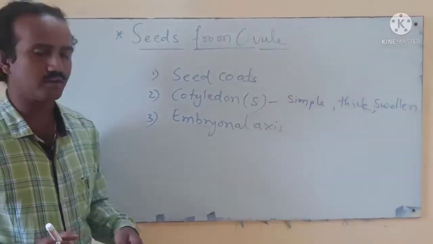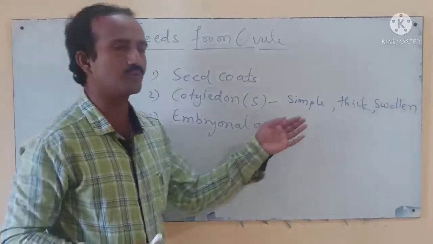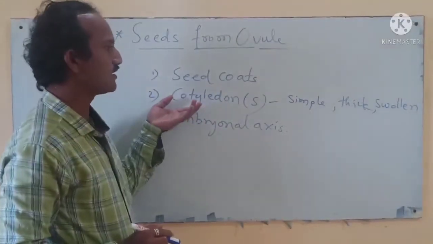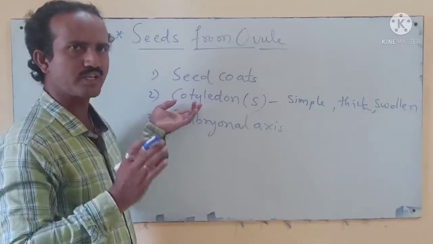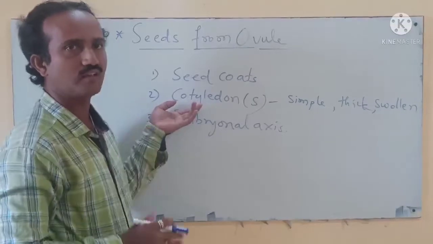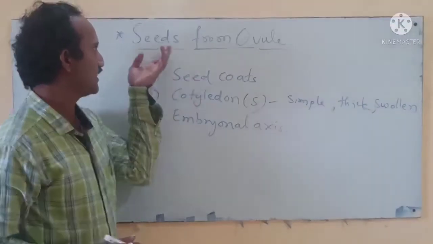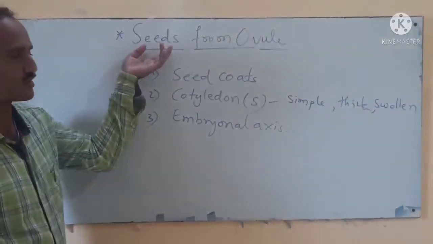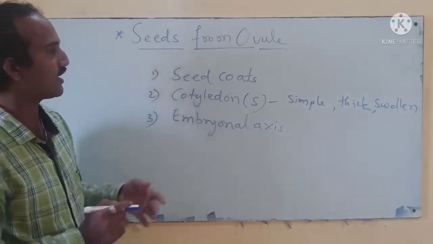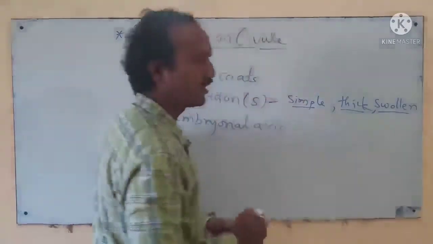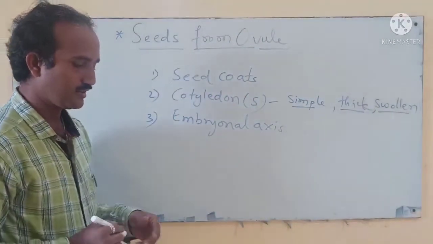They are swollen due to the storage food material present in them. They store the food material which is required by the seed during germination. So cotyledons are simple, thick and swollen in structure.